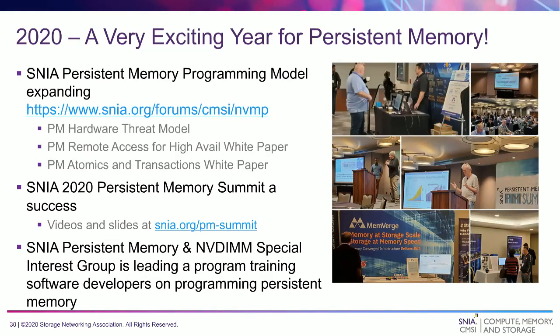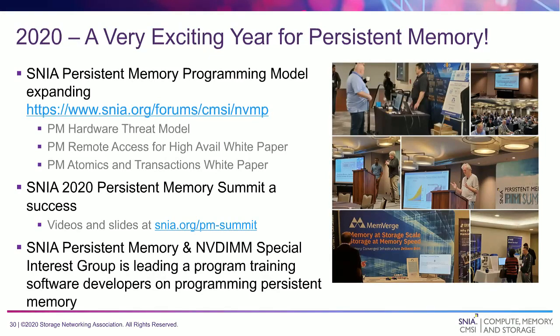But I'm glad we said exciting rather than interesting. 2020 has been a very interesting year for everybody, but for persistent memory, it's a very exciting year. We have been expanding the persistent memory programming model, and you can look at the different forums that we've been doing in the CMSI around non-volatile memory programming.